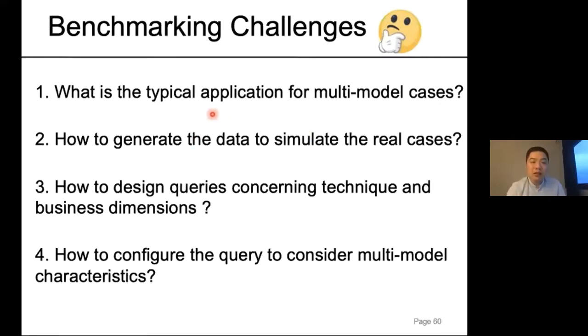Existing applications cannot be directly utilized to model our scenarios. The second one is how to generate the data to simulate real cases. The third one is how to design the query choke points and the business dimensions due to the huge space of workload design. And lastly, how to configure the query parameters to consider multimodal characteristics.